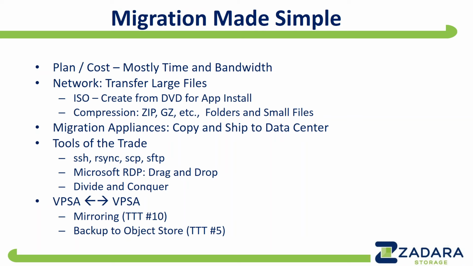Okay, perfect. So the mirroring gives you a way to go from VPSA to VPSA. For example, if you have a VPSA on site and you want to go to a VPSA in AWS, go ahead and use the mirroring. The mirroring basically sets up a secure connection between the two, with compression, and it does an image by image, or block by block, copy, a complete image of your volume.